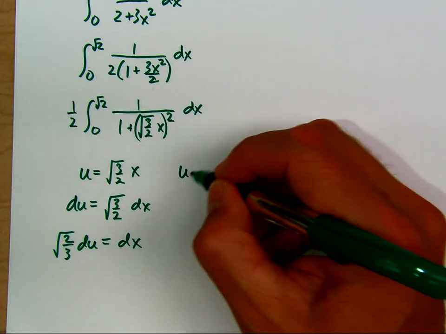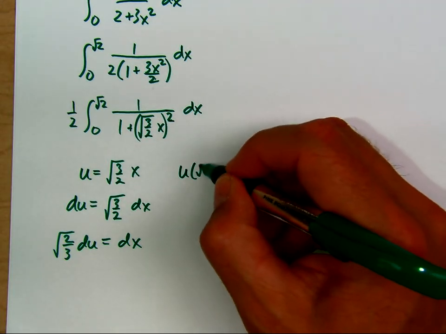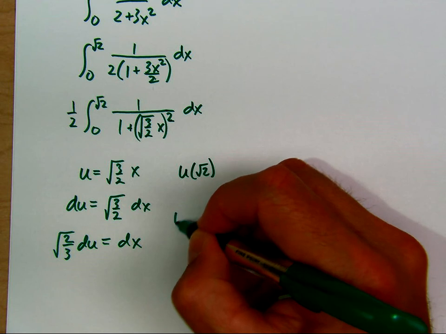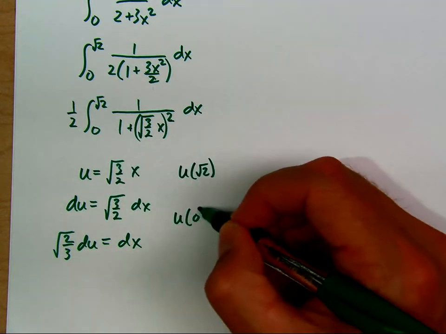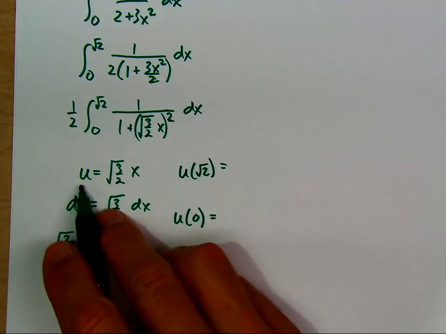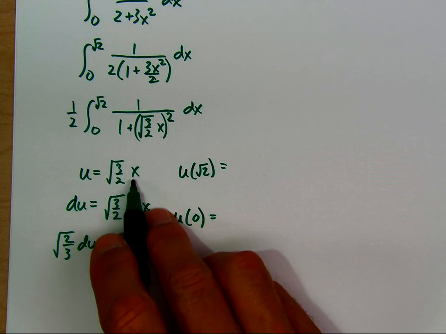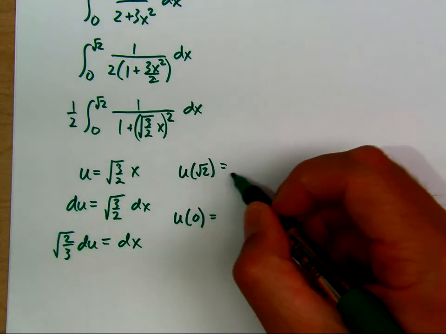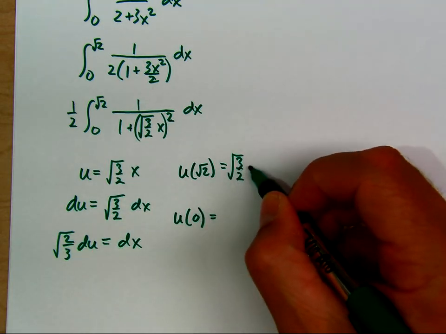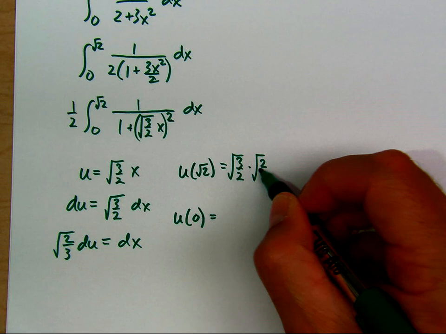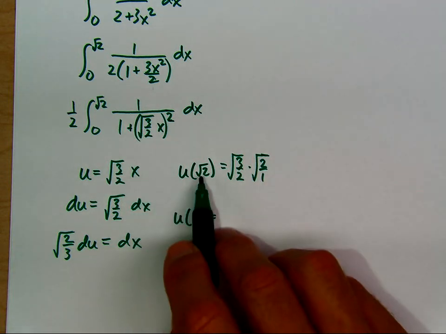Let's evaluate u at radical 2 and at 0. So u evaluated at radical 2, we're going to put a radical 2 right there. Radical 3 over 2 times radical 2 over 1. Just write that as a fraction.